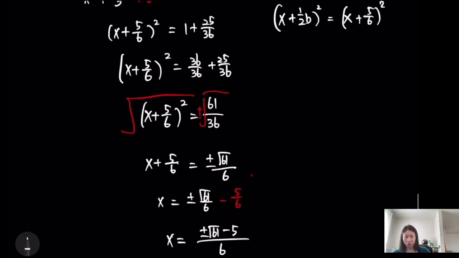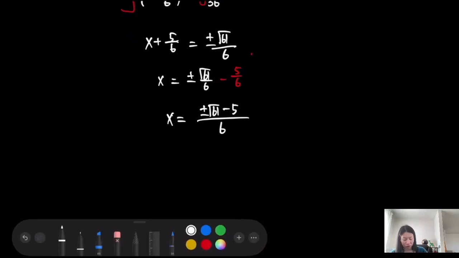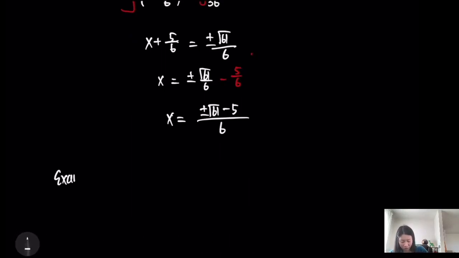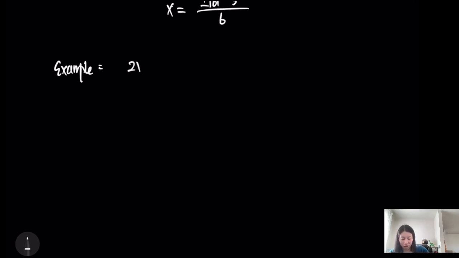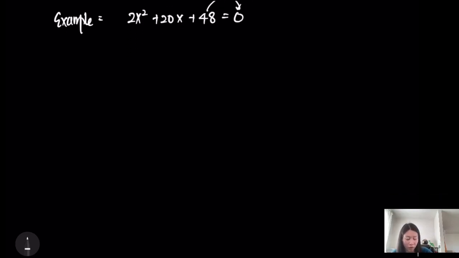Okay, so here is an example. I have 2x squared plus 20x plus 48 equals 0. Well, you can separate the constant term from the variables. So that means I want to move 48 to the right side of the equation.